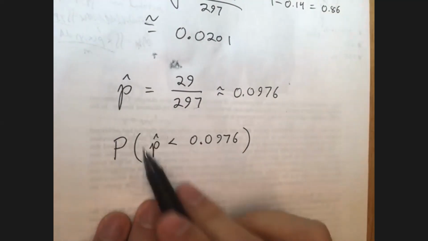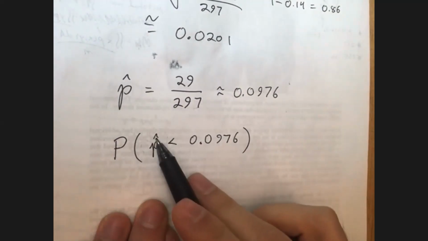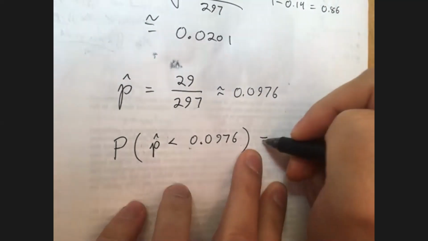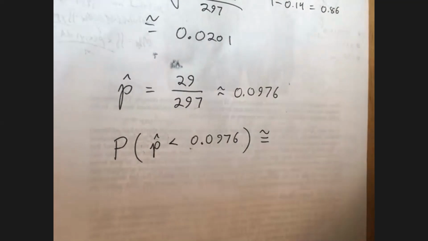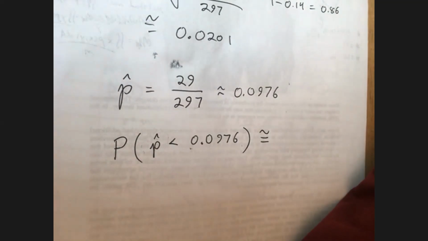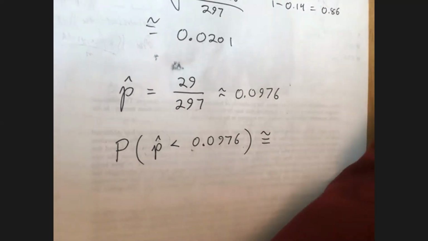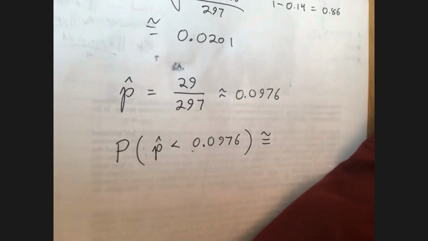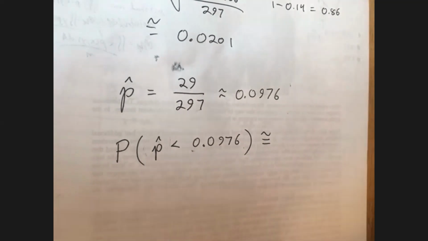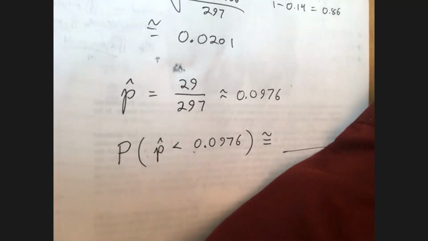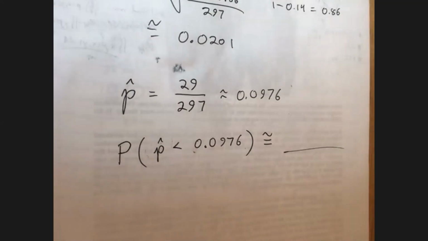What's the probability that the sample proportion you end up getting is less than that? That's what we computed using StatCrunch. In StatCrunch, we set up that distribution and computed this, and I forgot what we got. I deleted it off the screen now, but you should remember what we had there, or you can look back at the video and see.